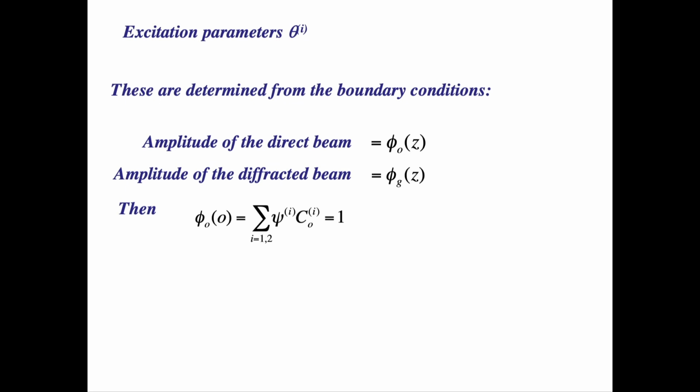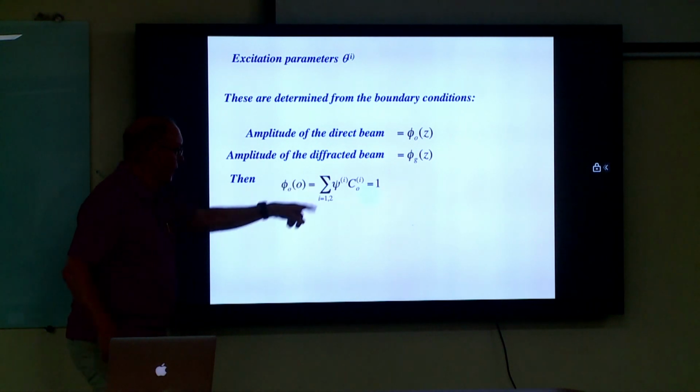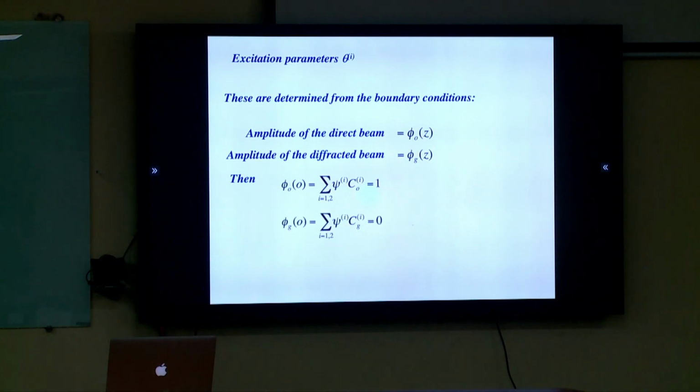So we end up with the direct beam at 0, at the incoming surface where we haven't gone in yet, equal to 1, the excitation, the phi, and this will be 0 because we haven't diffracted yet at all at the surface.